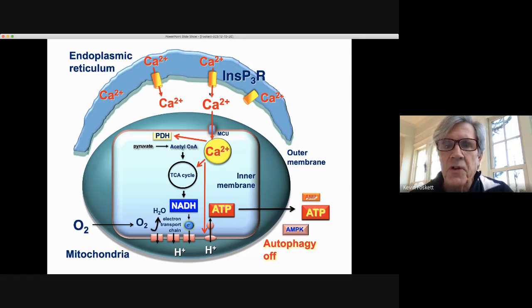We were mostly using electrophysiological approaches to study the single channel behavior of IP3 receptors, and along the way became very interested in the transfer of calcium out of the ER through the IP3 receptor into mitochondria, and how that regulated bioenergetics and some cell biology downstream of that.